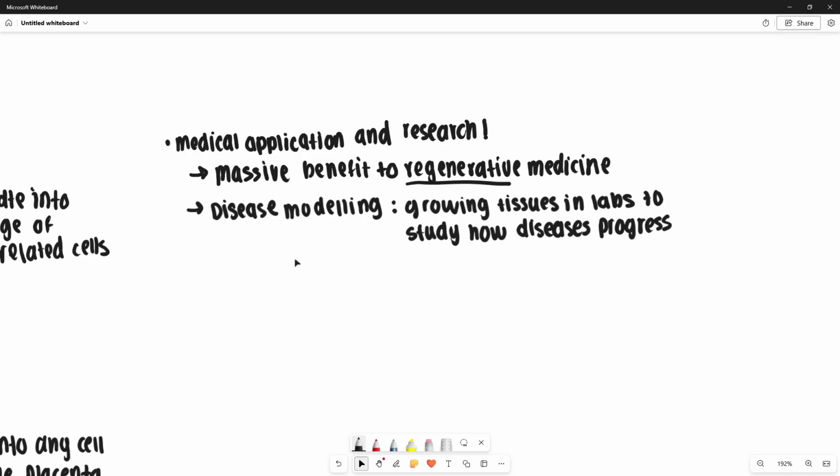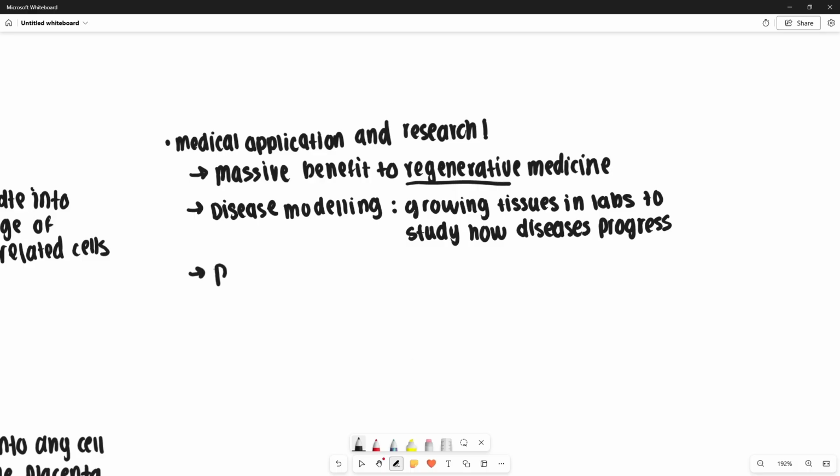Another thing is drug testing. Drug testing is basically testing the safety and efficiency of new medicines on human tissue in dishes rather than animals, which is a great ethical consideration when it comes to stem cell research and when it comes to medical research, when it comes to making drugs.